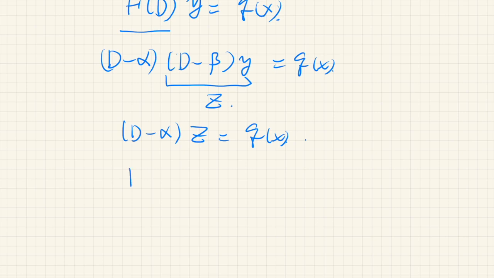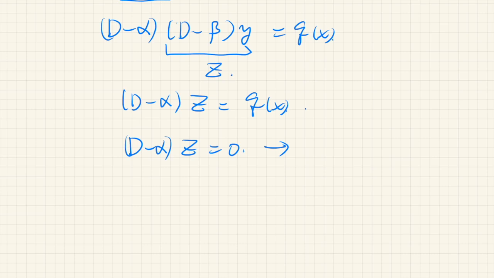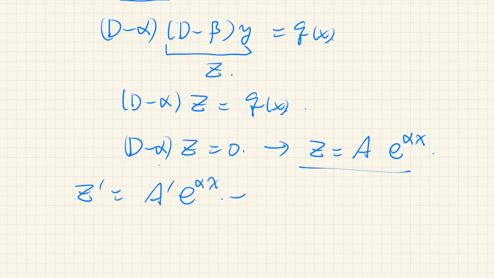And to do so, we first solve the homogeneous version. Okay, and from this we can immediately see that z is equal to some constant times exponential of alpha x. And now regarding a as a function of x, then differentiate both sides of this, and we have a prime exponential of alpha x plus alpha a exponential of alpha x, but this part is equal to z, right?